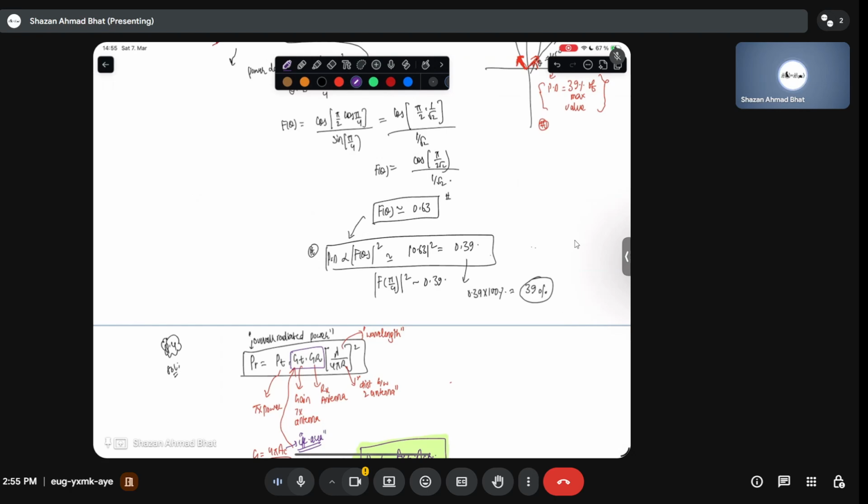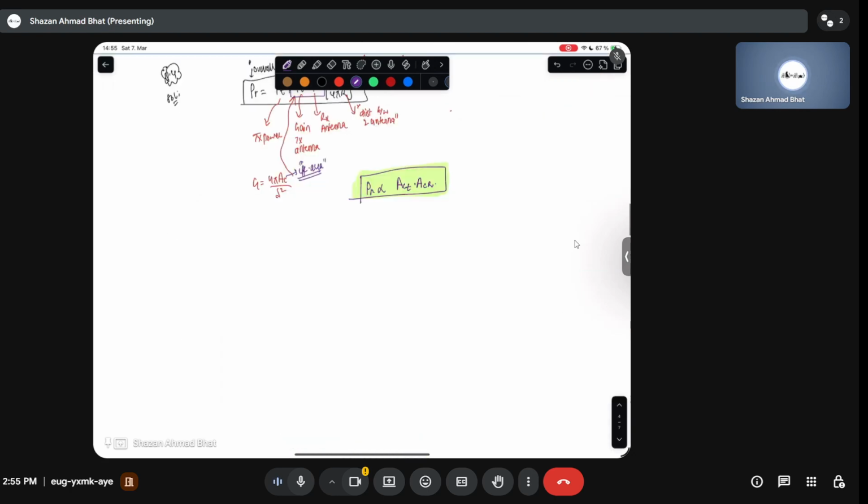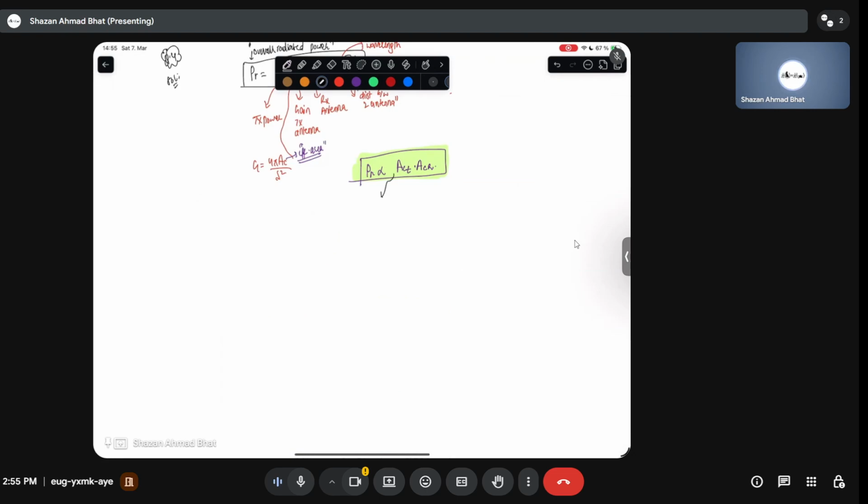Okay, so the essential thing is that when you are considering the radiated power by the antenna, then both of these antennas are going to matter. This is the exact takeaway from this particular question.